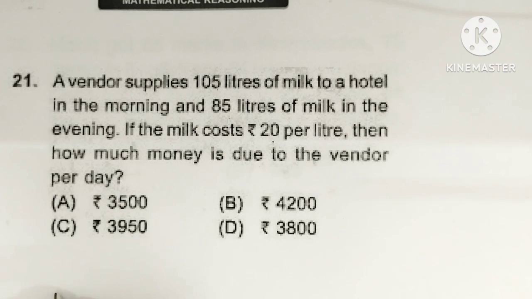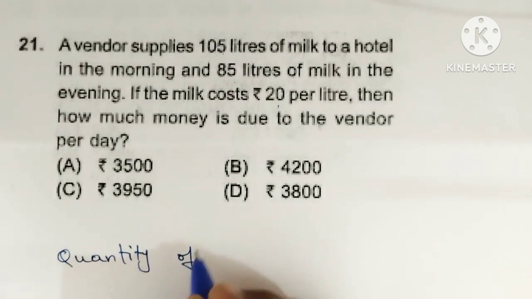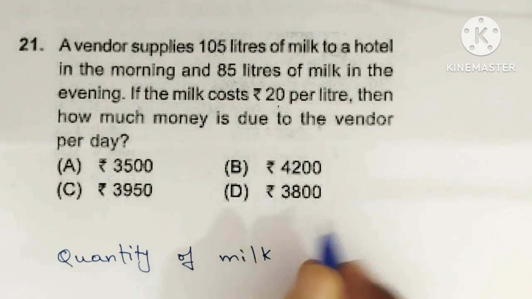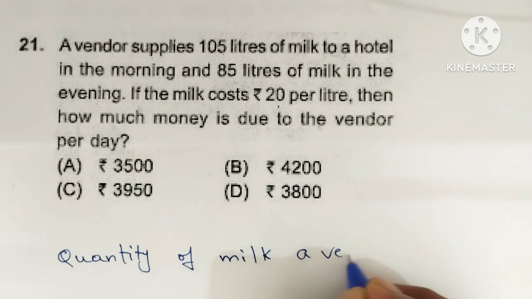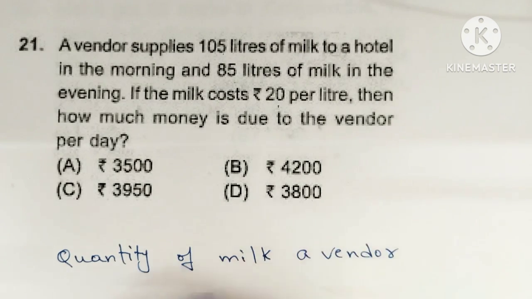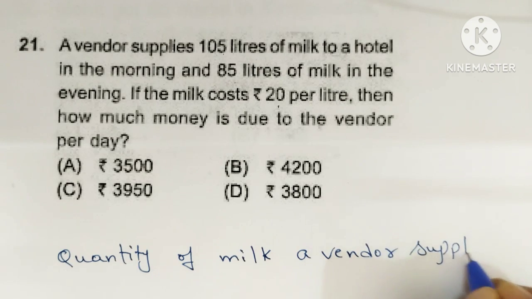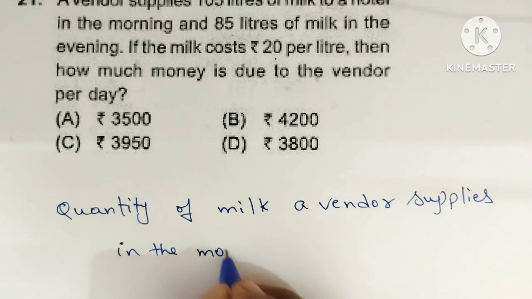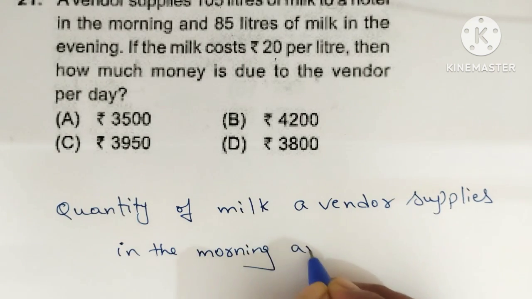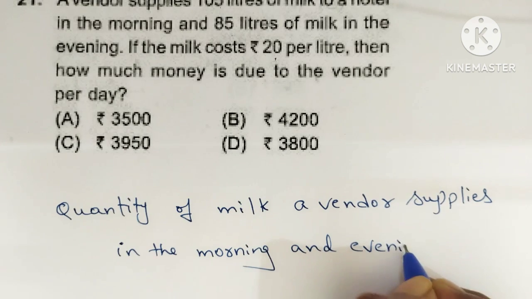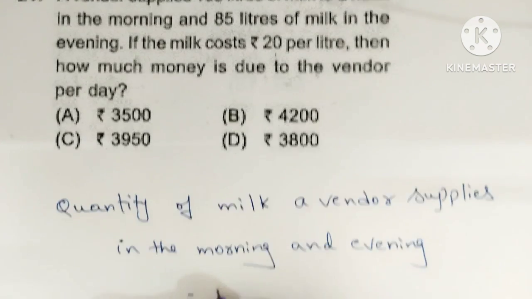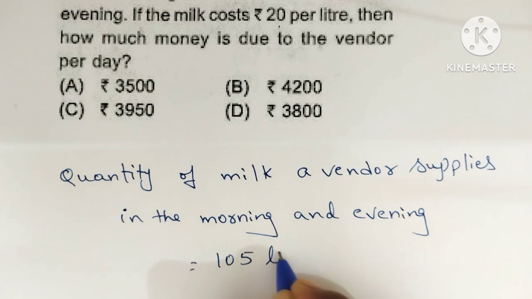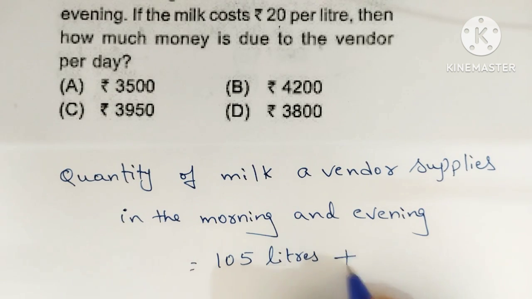So the quantity of milk a vendor supplies in the morning and evening is morning 105 liters and evening 85 liters.